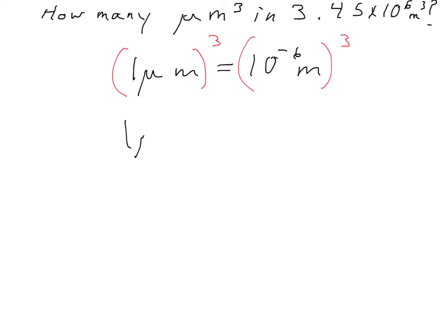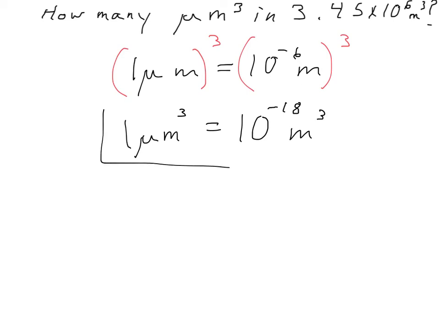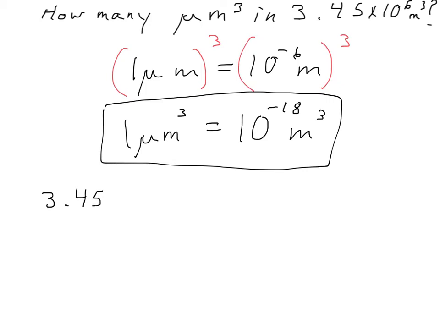That gives us 1 cubic micrometer equals 10 to the negative 6 times 3, or negative 18, cubic meters. So now we have our conversion factor and we can work our problem successfully. I have cubic meters.